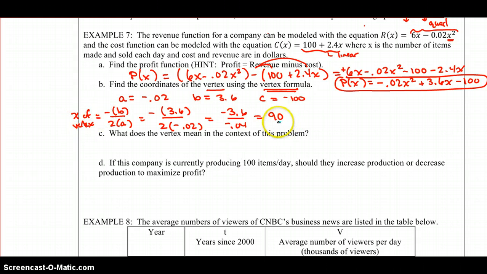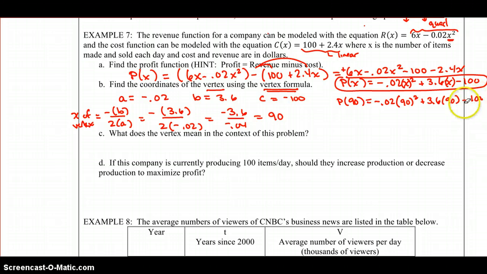And again, to get the y coordinate, the output, we need to put this through our profit function. So we'll take p of 90, negative 0.02, and before we substitute for x, we're going to put parentheses around the variable. And so if we evaluate, that should say minus 100.